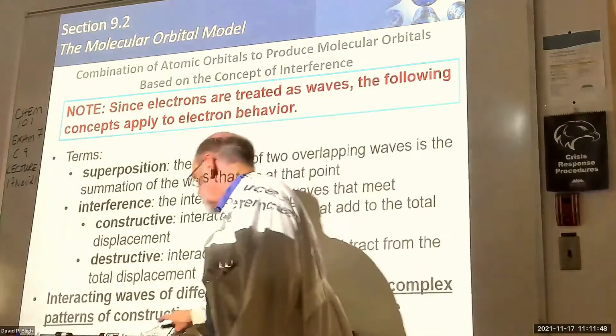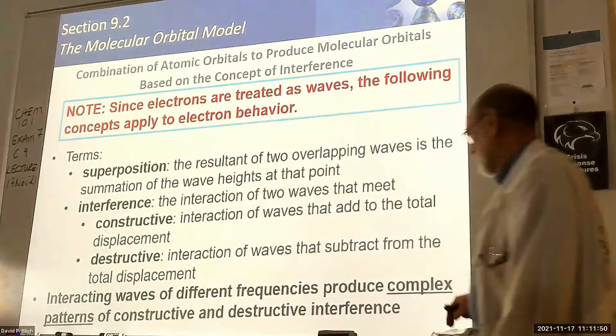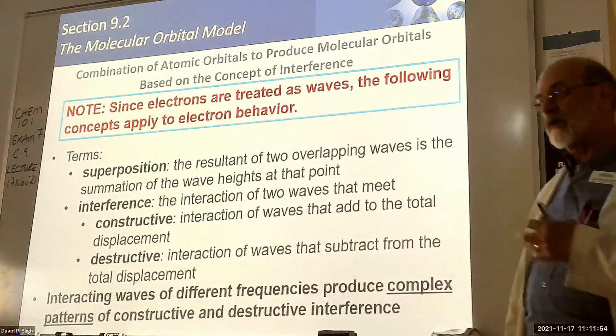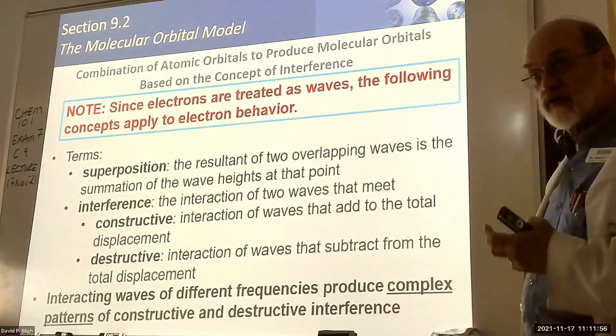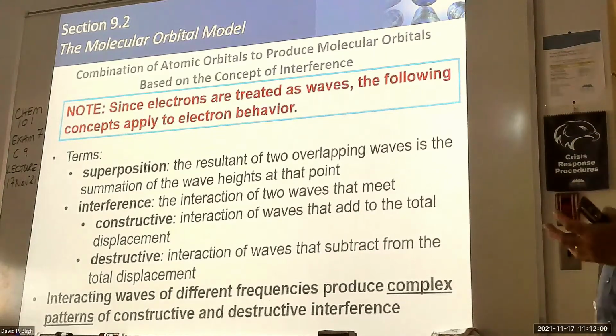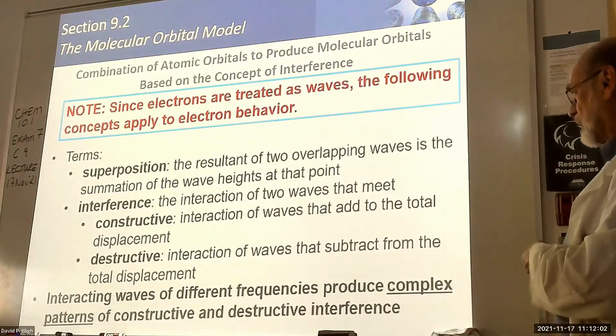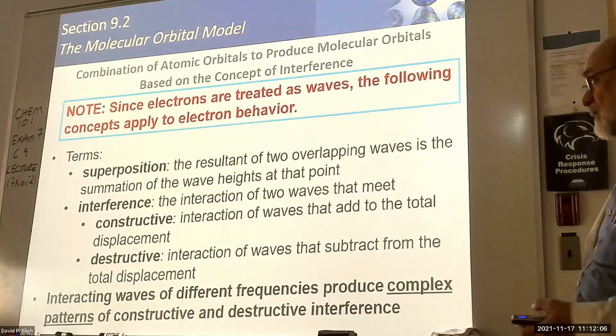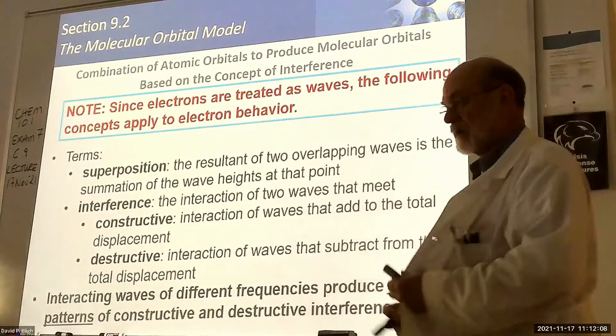If we have waves of different frequencies, then when they interact, we get some very complex waveforms. They can produce some very complex patterns of constructive and destructive interference, which is not bad.